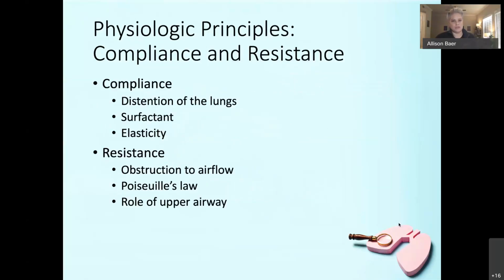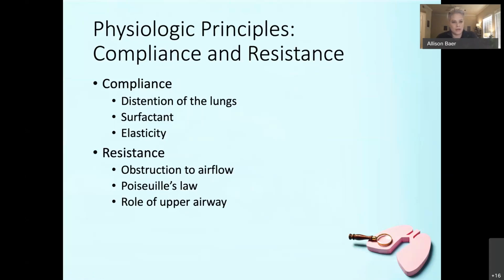Again, these are just principles to think of. Compliance is the distinction of how elastic they are, how easily they expand. Expansion's a good thing, but if you have too much compliance, it's almost hard to fill those airways up when you really need to, if there's a problem. And surfactant has an effect on this as well, because if you don't have enough surfactant, it makes it too easy for those alveoli to collapse in on themselves and too hard to open back up.